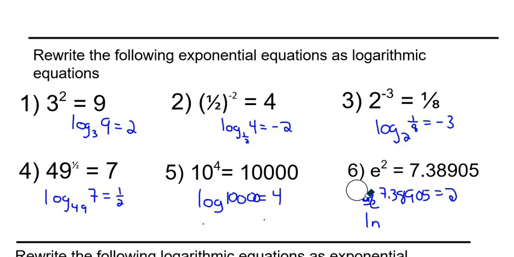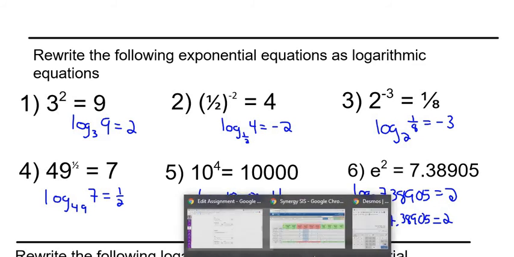So again, this is the only special logarithm. Log base e is actually called natural log, and that is something you can type into a calculator. It is instrumentally important. As an Algebra 2 student, you just need to realize that there's a special logarithm. Here, I'll show you.